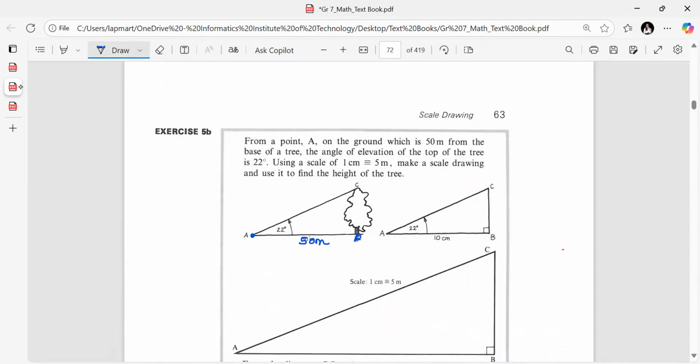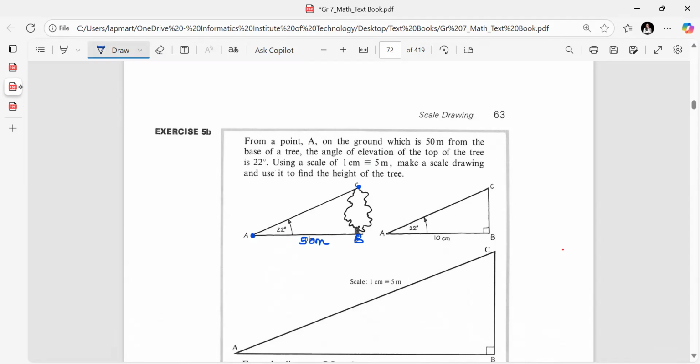This is the base, right? And this is the point A. The distance between the base of the tree and A is 50 meters. And you want to look at the top of the tree, right? Let's say that there is a bird at the top of the tree. You want to look at him.